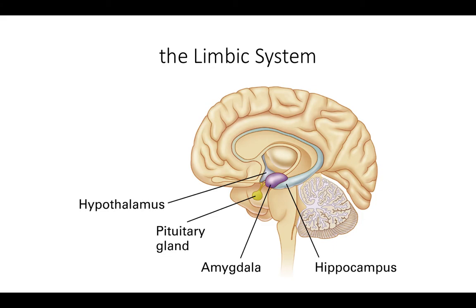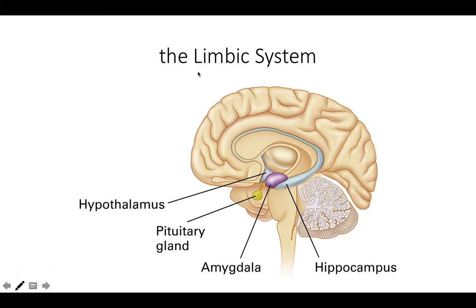And even that is a stretch because I think the hypothalamus and the pituitary gland are somewhat different themselves. But these four structures together, hypothalamus, pituitary gland, amygdala, and hippocampus, are known as the limbic system.